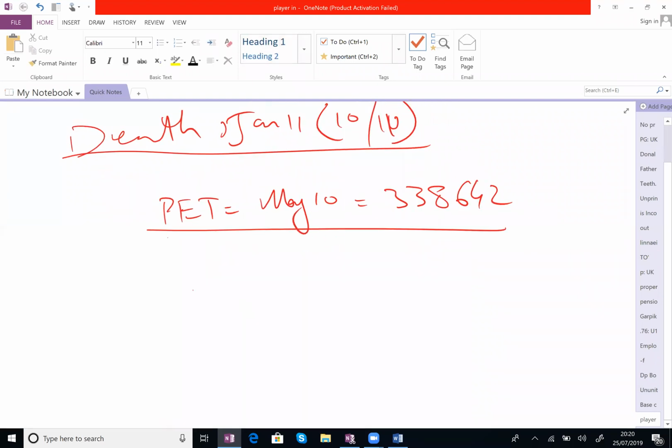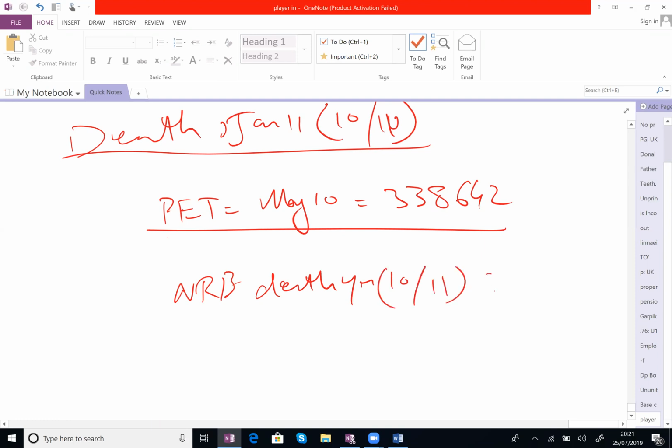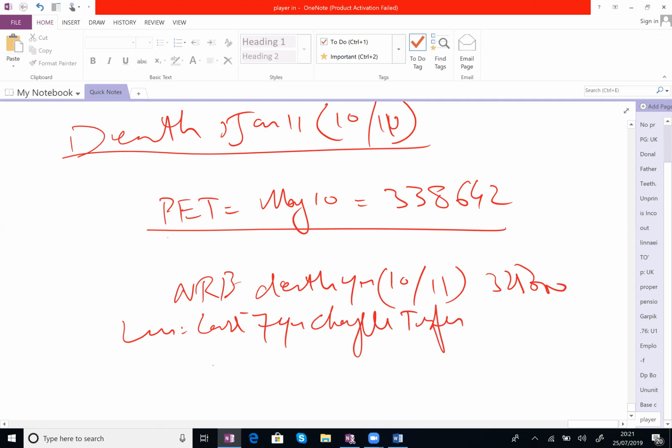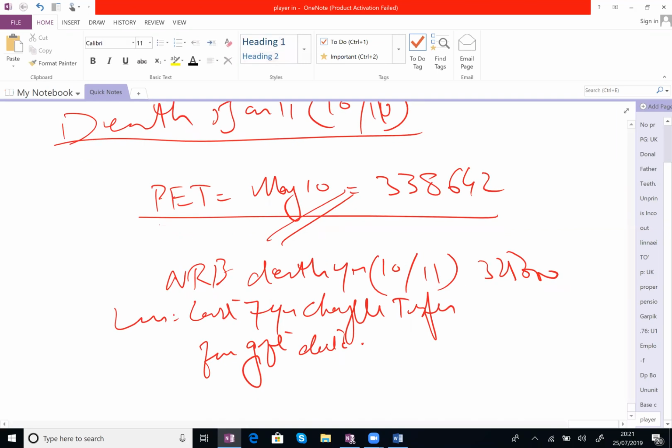Before paying the death tax, you have to check NRB availability at death date. 10/11 is the death year. 325,000 less last 7 years chargeable transfers. Always go back 7 years from the gift date on which you are paying the tax. Today the gift date is May 10. Go to the timeline and from May 10 go back 7 years. Can you see any chargeable transfer in the question?